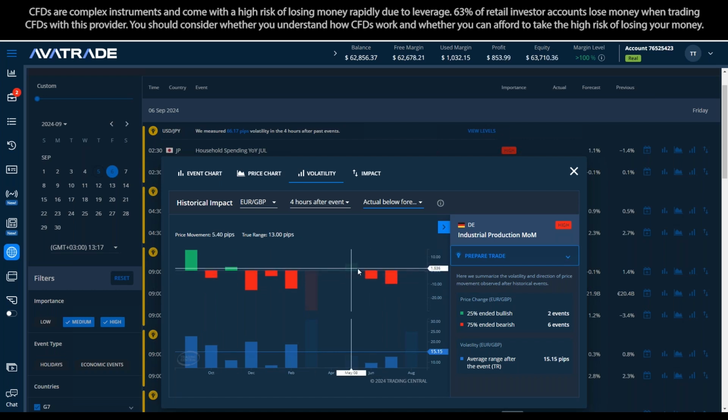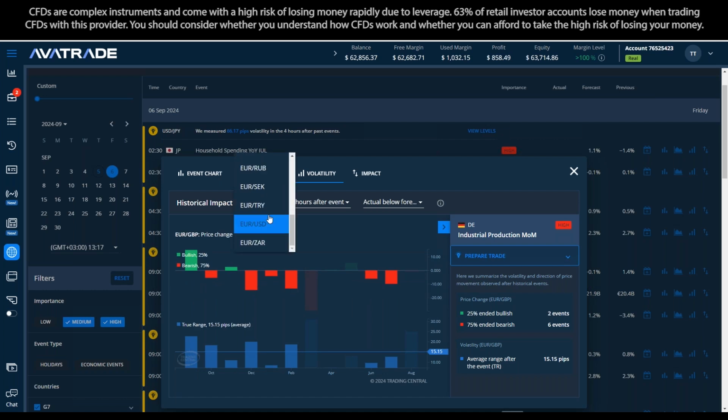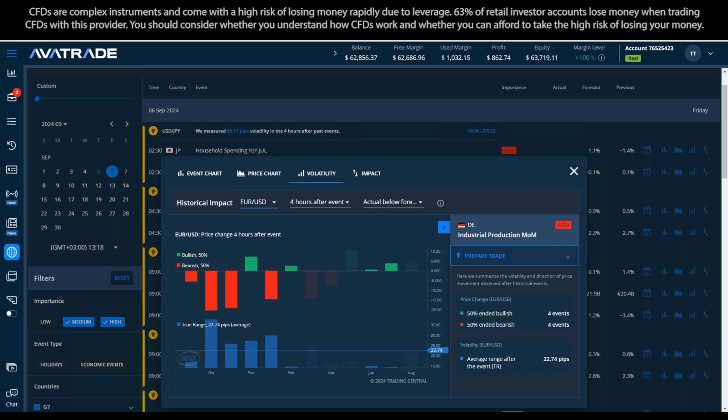So the movements go down 75% of the time on the Euro GBP, with the movements maybe not any larger than the one that went up, but much more numerous. With the Euro USD pairing, the movements were 50-50 up and down, but the movements were much larger down.